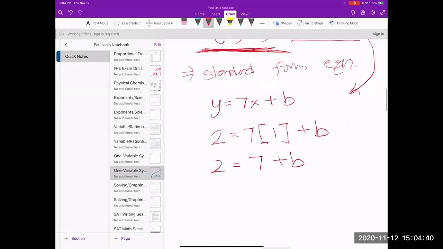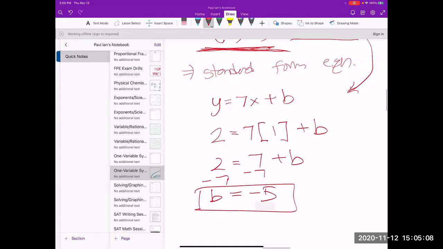So what's b then? b equals 9? You minus this guy because it's the opposite. So is it 9? A negative 5. Okay, so that's negative 5, yeah.